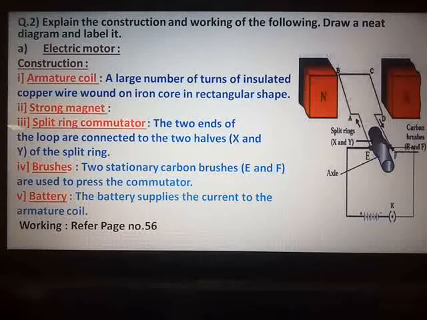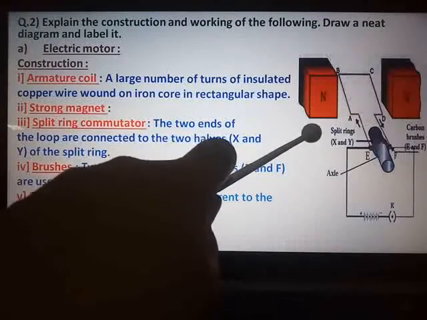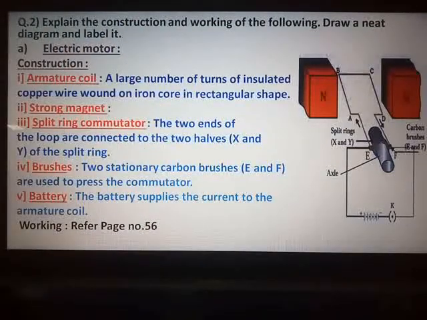The main thing is the application of Fleming's left hand rule, how the current in the loop starts flowing in the direction from ABCD, then DCBA, all that you have to show in the working. And of course, they have told to draw a neat labelled diagram. So diagram 4.13 from page number 56 is your neat labelled diagram for electric motor.